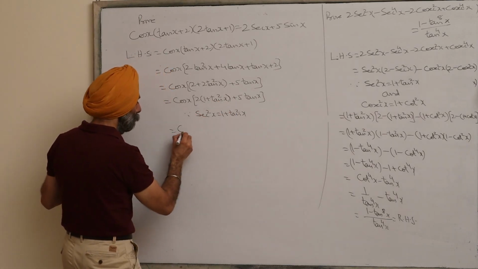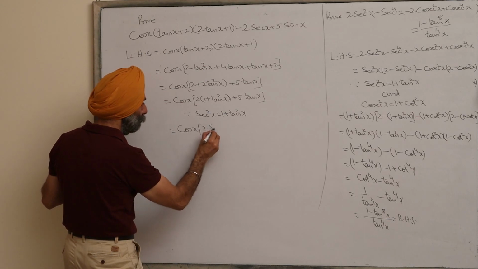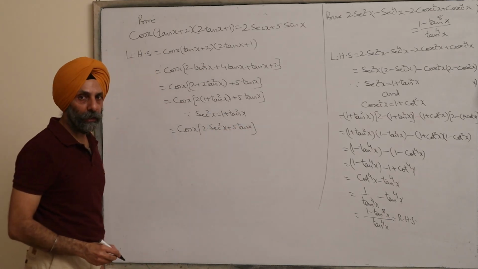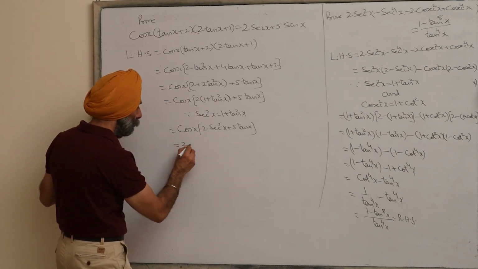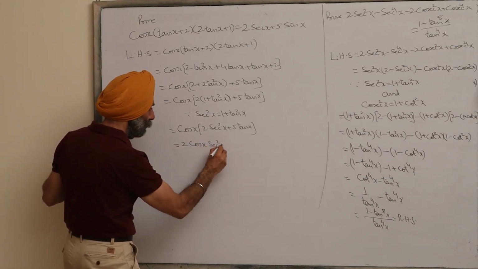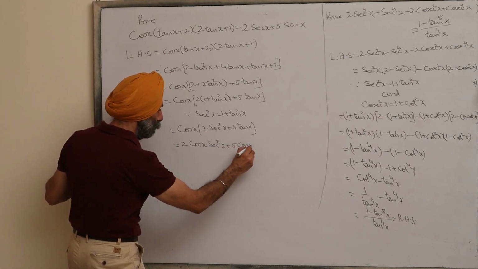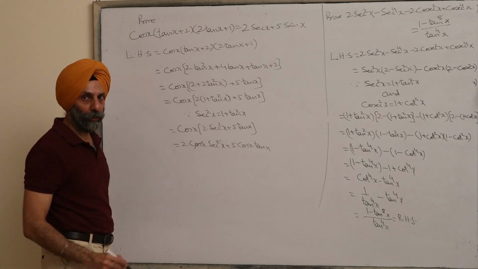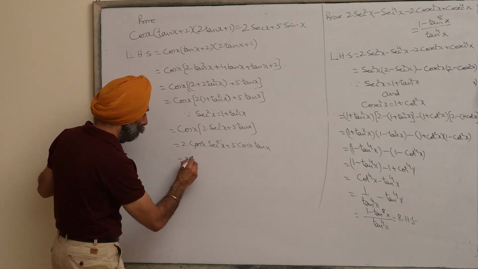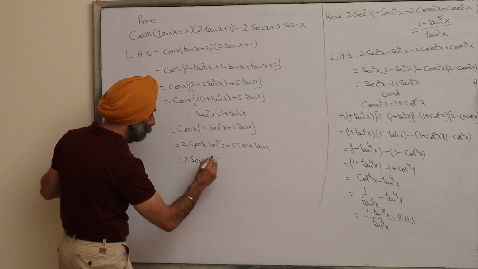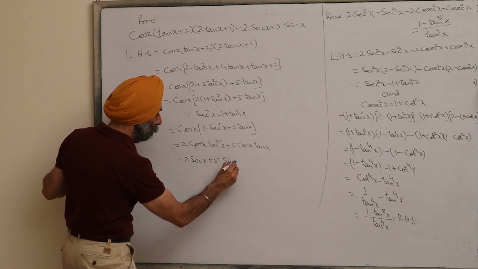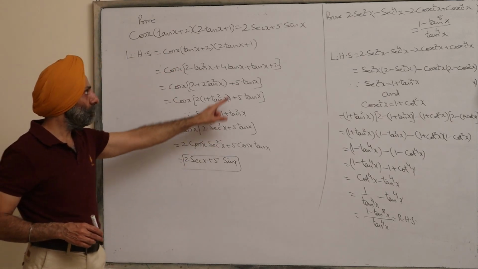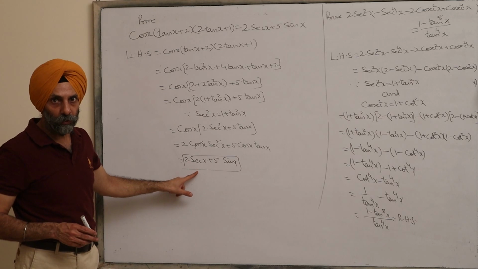So it is cos x into 2 times secant square x plus 5 times tan x. Now open the bracket. 2 times cos x into secant square x plus 5 times cos x into tan x. So one of the factors will cancel from here because they are reciprocal of each other. So we have 2 times secant x plus 5 times sin x, which is your right hand side here.